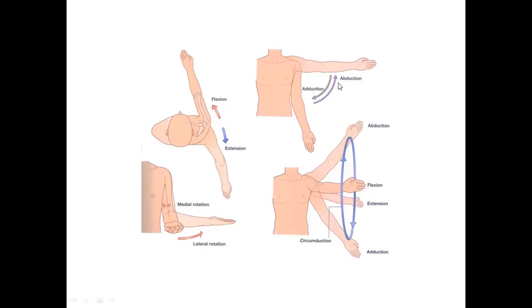So this is the abduction and adduction as we mentioned earlier. And this is the flexion and extension of the arm at this joint.